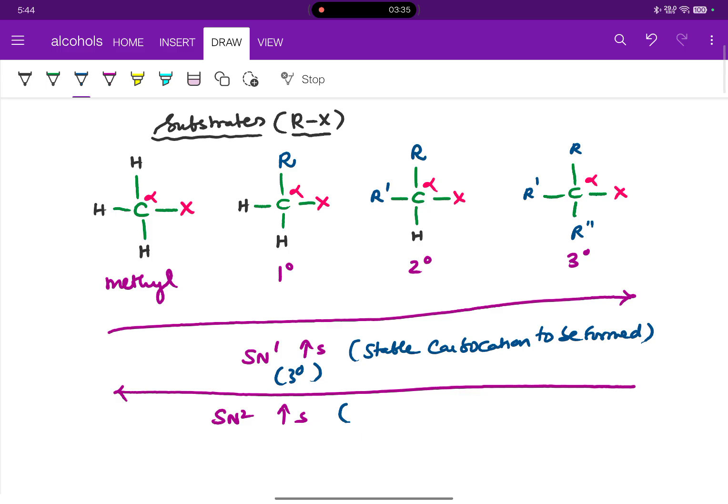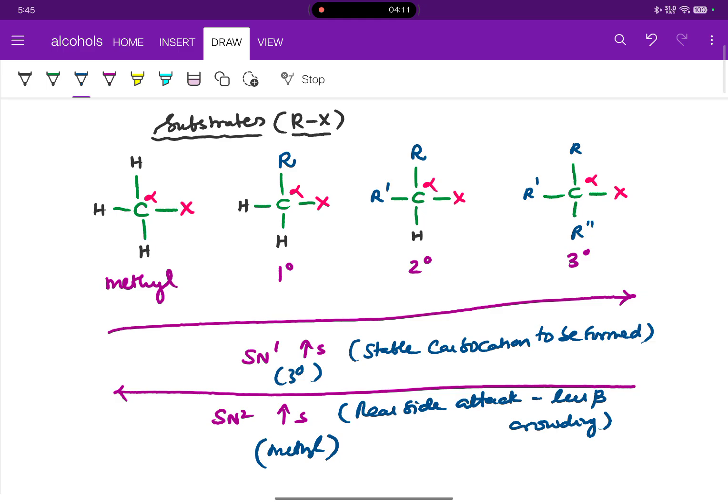SN2 reaction, what is the major requirement? A rear side attack. When I say a rear side attack, it should have less beta crowding. So who has the least beta crowding among all? A methyl. Not even a primary, methyl. So that is why when you write the reactivity, it increases from tertiary to primary or methyl for SN2. For SN1, the reactivity increases towards tertiary.